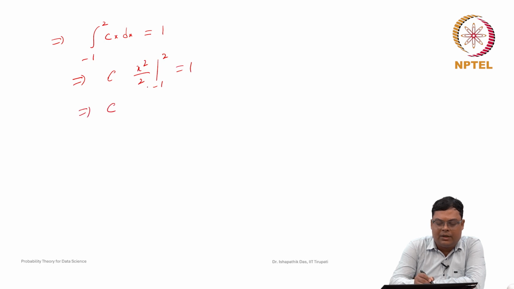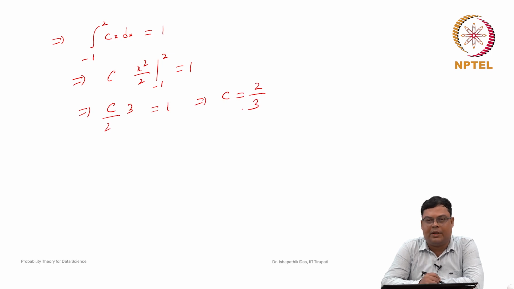Here x squared is 2 squared, which is 4, so C by 2 into 4 minus (-1) whole squared, which is 1. So 4 minus 1 is 3, and this is equal to 1, which implies C is equal to 2 by 3.